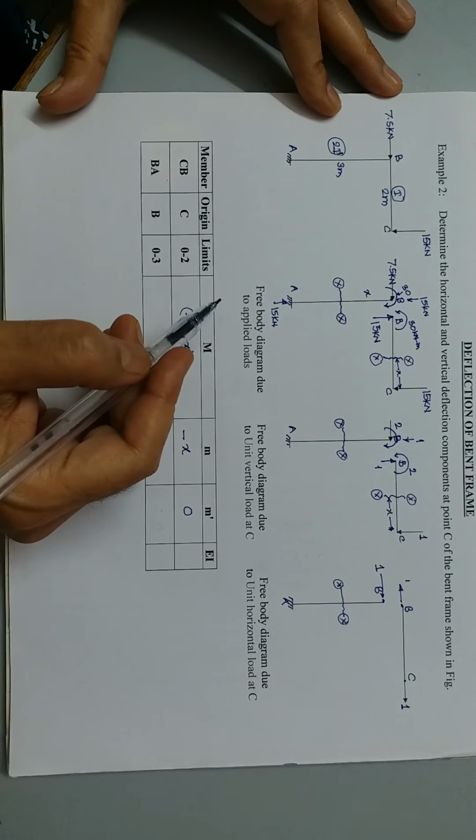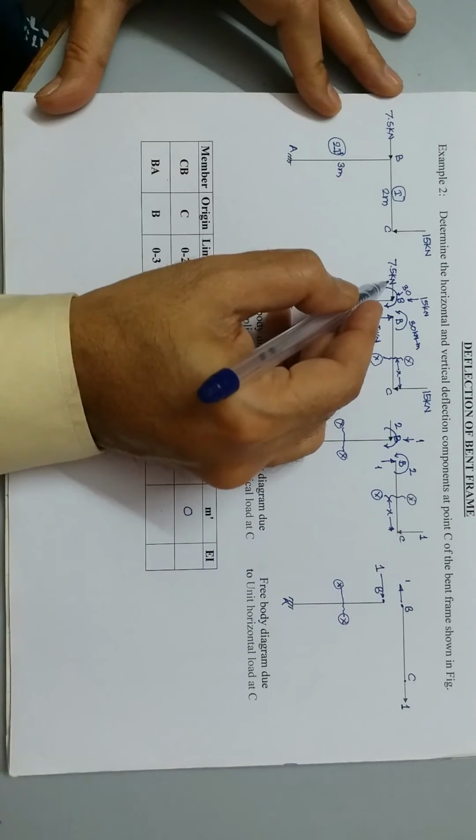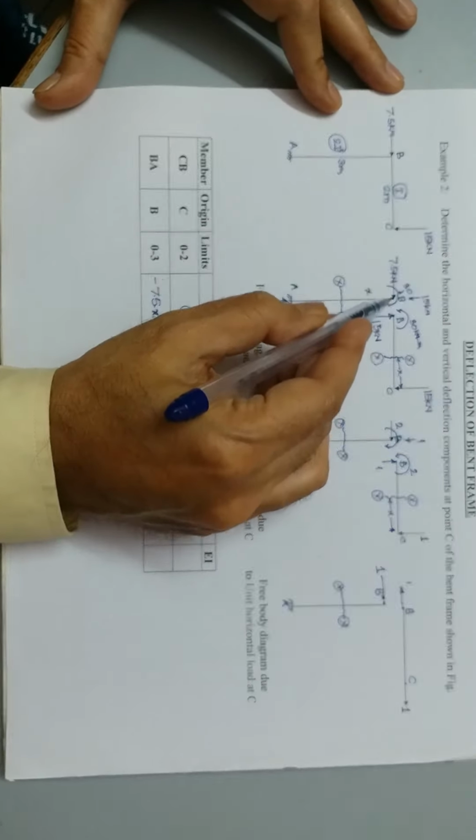Then in the portion BA, bending moment will be equal to 7.5 into x, that is minus, then minus 15 into 2, 30. So this is the bending moment due to applied load in the member BA.